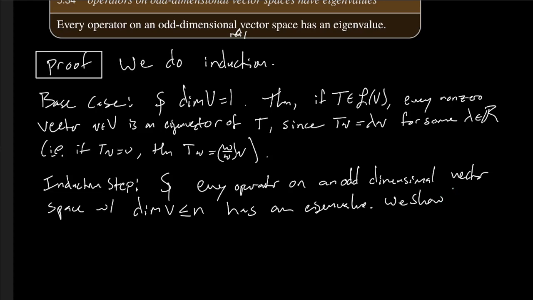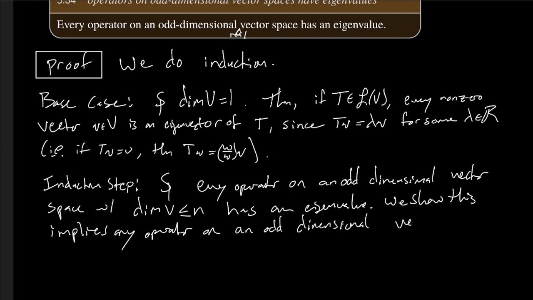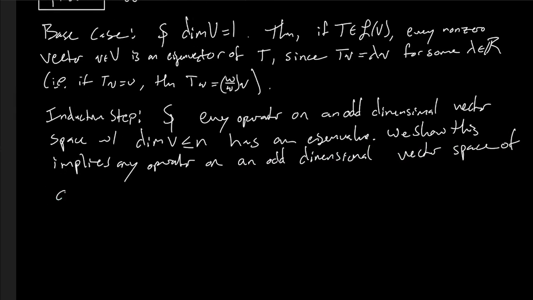We show this implies any operator on an odd dimensional vector space of dimension dim V equals n plus 2 has an eigenvalue.